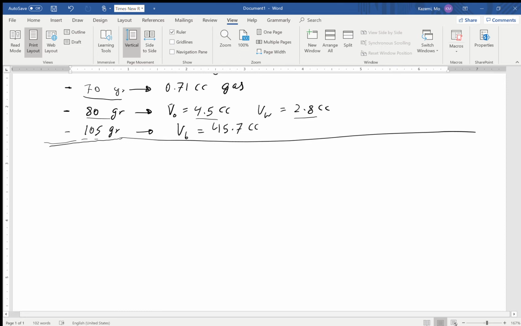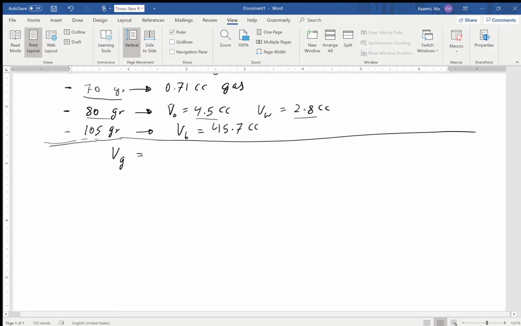You can choose any reference volume. Probably 100 gram is one easy amount that you want to use as a reference. So the goal is, for example, to find the volume of the gas for 100 gram sample, right?